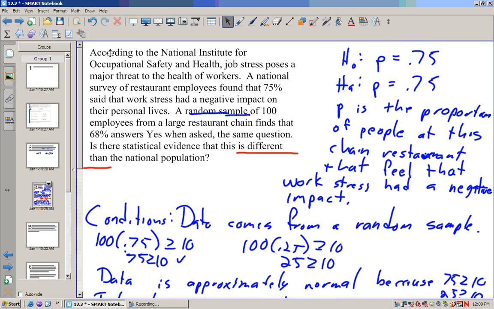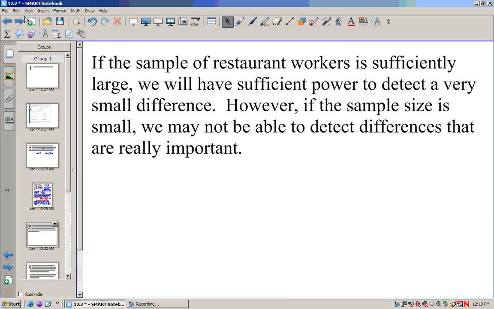If you are the owner of this company and you get these back, that your 100 employees got a 68%, said 68% that they felt like the stress was impacting their life, they might think, well, this is much better than the national average. However, it's not enough in order to say that it's even any different than the national average.